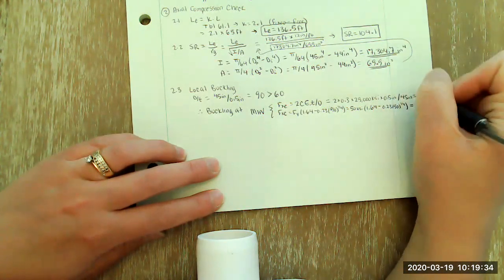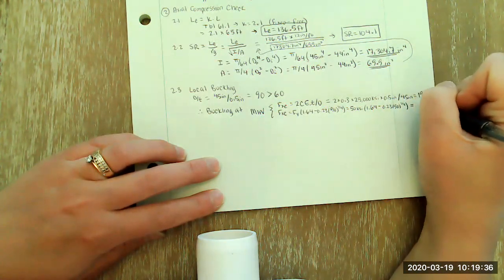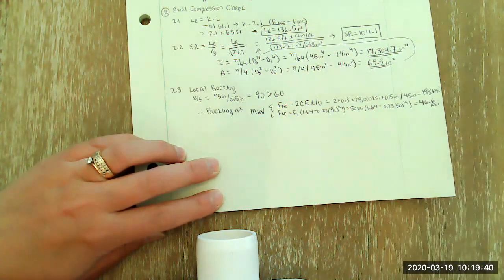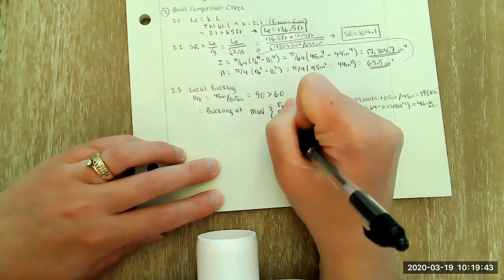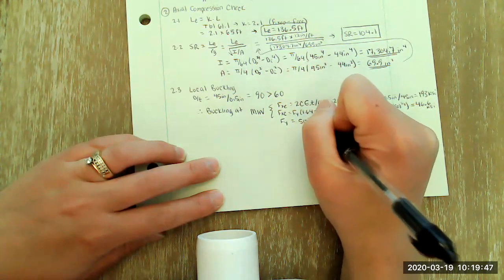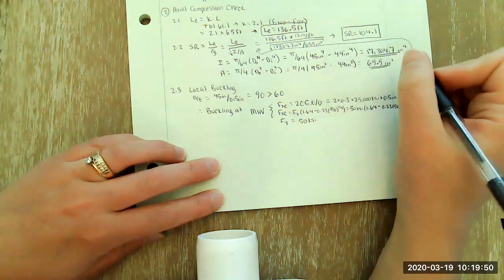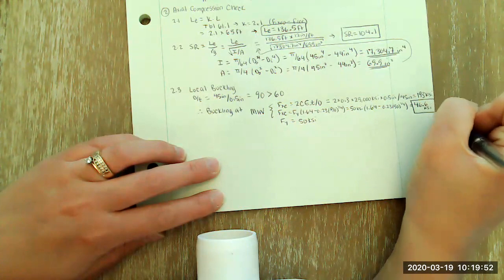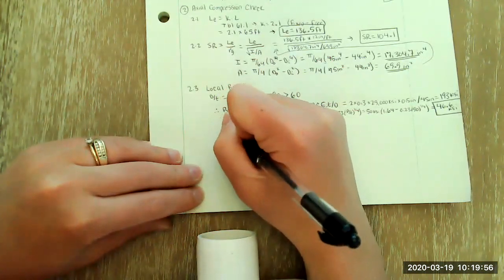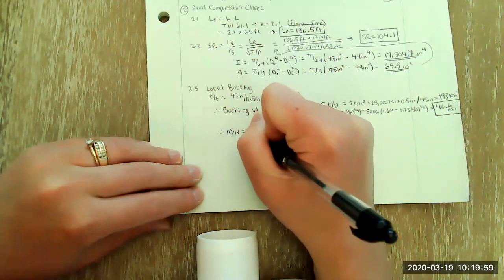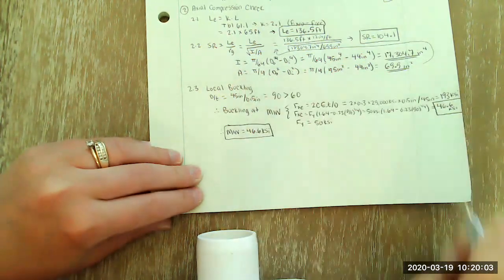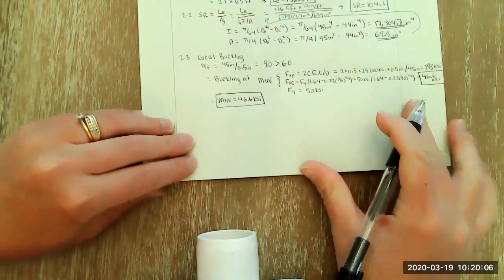Plugging all these values in, we get that F sub XC is equal to 46.6 KSI. And then finally, our yield strength is given as 50 KSI. So our minimum in this situation is actually going to be F sub XC, 46.6. So therefore, min equals 46.6 KSI, and we'll use that moving forward.